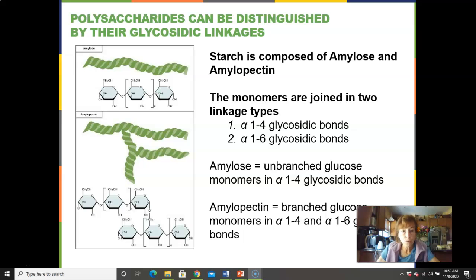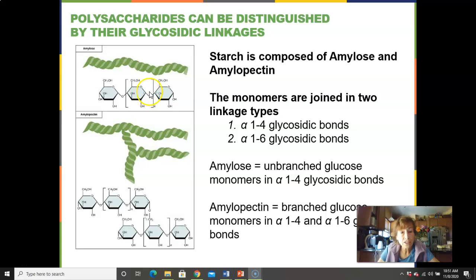But here I just wanted to point out to you this idea of what we're calling alpha, or A, 1 to 4 glycosidic bonds, or alpha 1 to 6 glycosidic bonds. Those numbers, the 1 and the 4 and the 1 and the 6, are indicating the actual numbered carbon that is doing the bonding with the adjacent molecule. So the 1 to 4 means that it is a bond between carbon number 1 on one molecule and number 4 on the other.